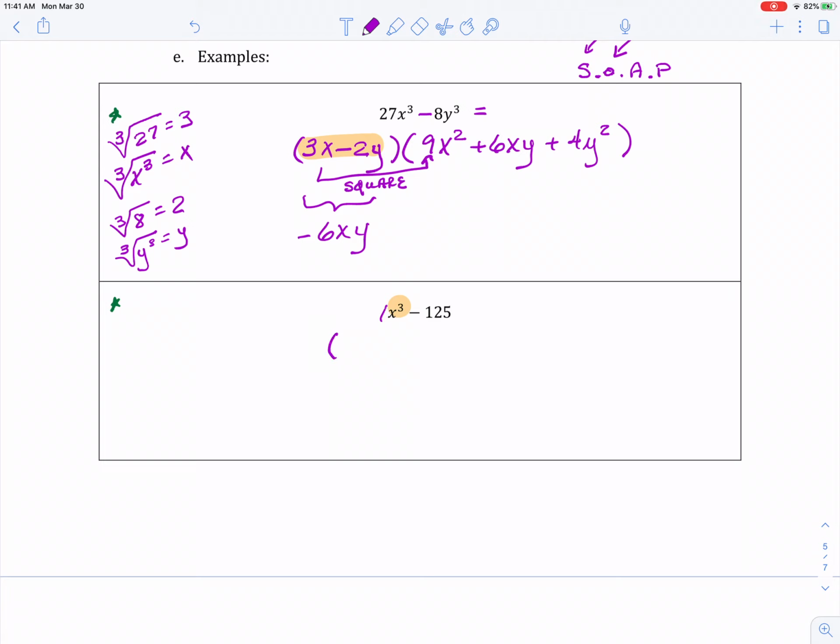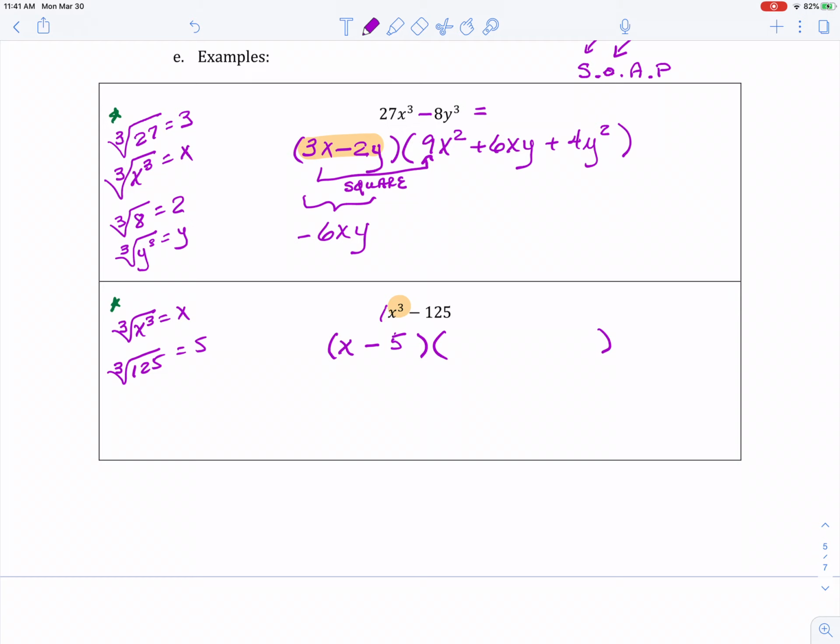So binomial, trinomial, the cube root of x cubed is x. The cube root of 125 is 5. And the sign here is going to be the same as what we started with in the original expression.